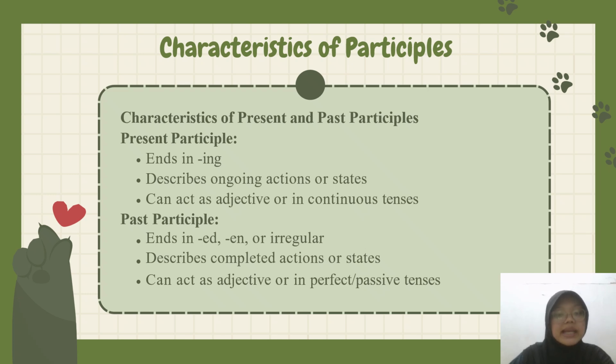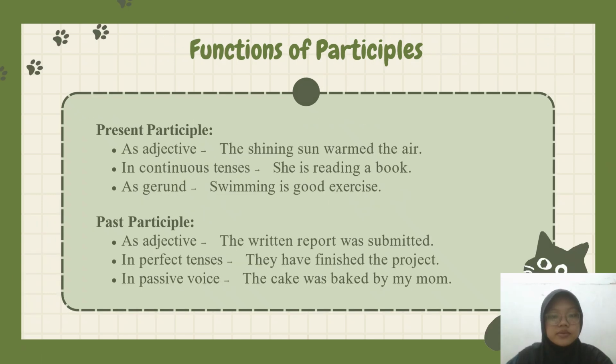The action of breaking is complete, and it can act as an adjective or be used in perfect tenses or the passive voice. So the key difference is in their endings and the meaning they convey. Ing for ongoing or active, and ed or irregular for completed or passive. Okay, we move to the next material.